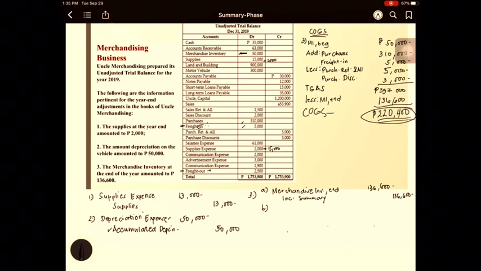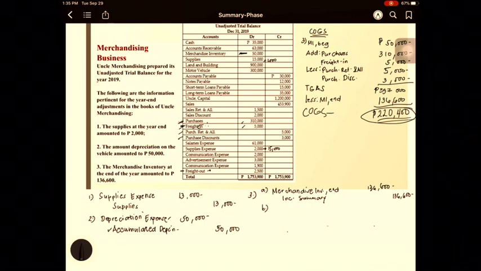So what you do first is to determine the temporary accounts that affect the merchandise inventory. What are those again? You have your purchases, you have your freight in, your purchase returns and allowances, and your purchase discounts. All of those are temporary accounts that also must be closed against the merchandise inventory account.